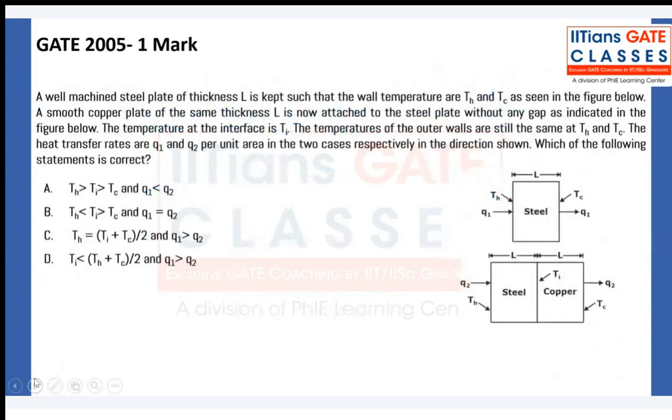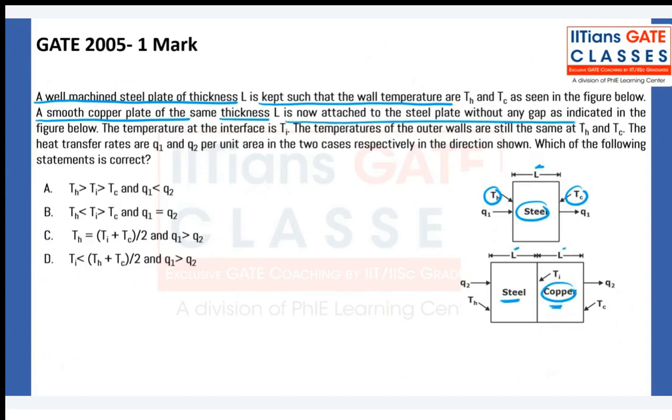Now they are saying a welded machine steel plate of thickness L. We have a steel plate with thickness L, kept such that the wall temperatures are TH and TC as shown in the figure. So this is the first case. Then what happens? A smooth copper plate of the same thickness L is now attached to the steel plate without any gap.